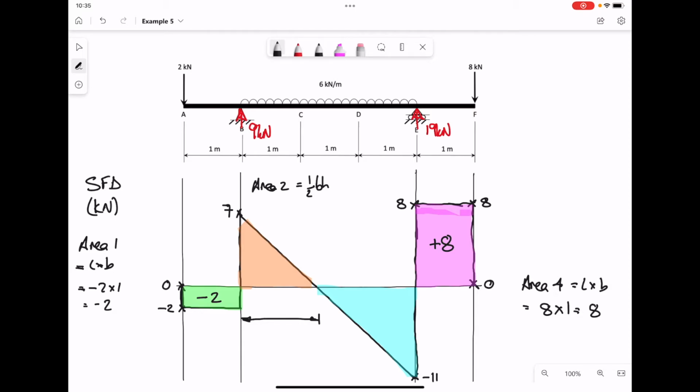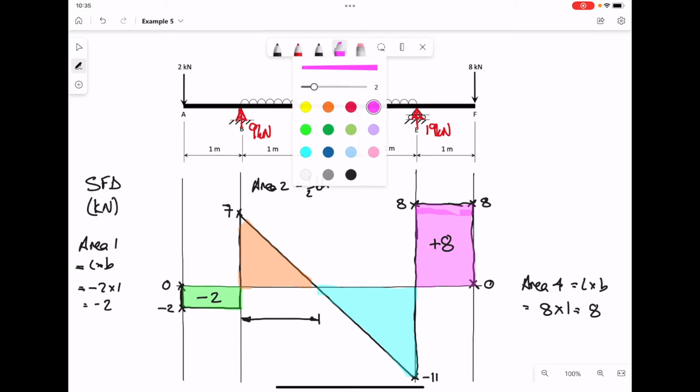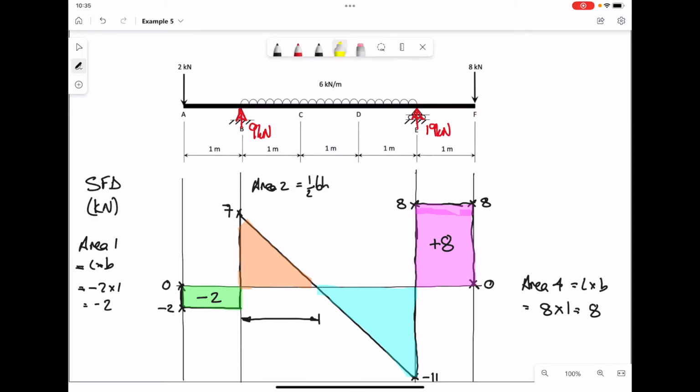To get that distance along for the base, we take our starting point, which is a value of 7, and we divide it by the rate of the UDL, 6 kilonewtons per meter, and that will give us the horizontal distance along. So this distance is 7 divided by 6, which is 1.167 meters.